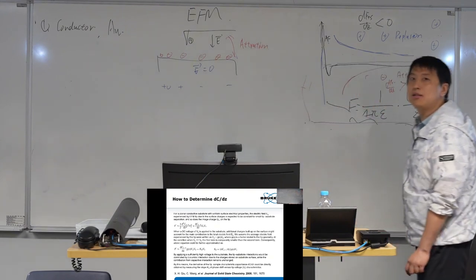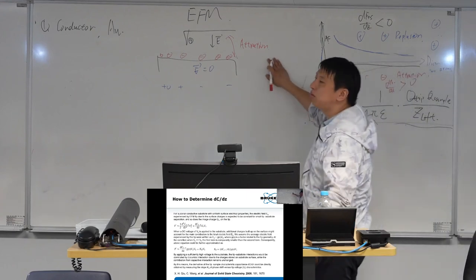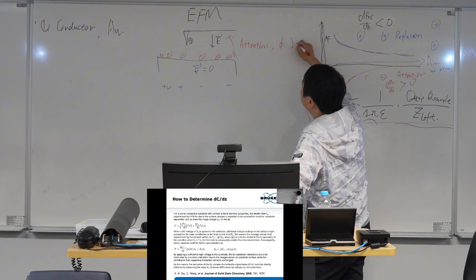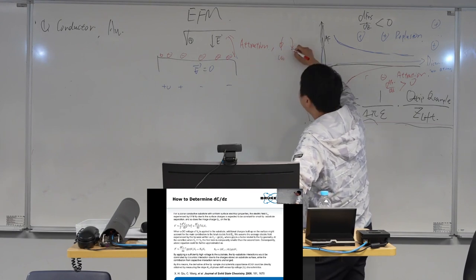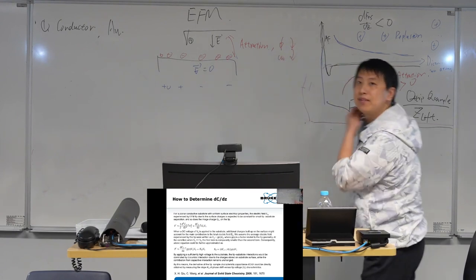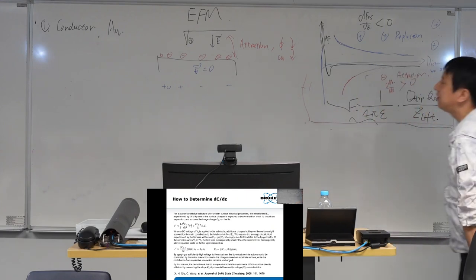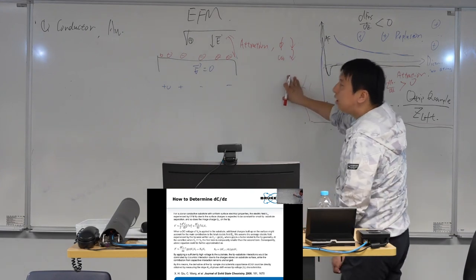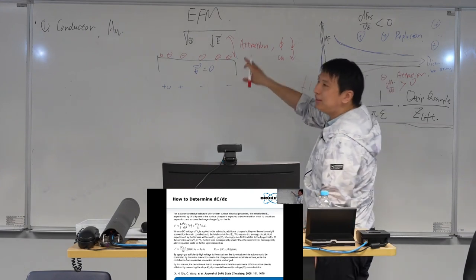Right? And this attraction will cause what? It will cause the phase reduced, omega 0 reduced. Okay? That's the idea here. So, what do we really detect here?